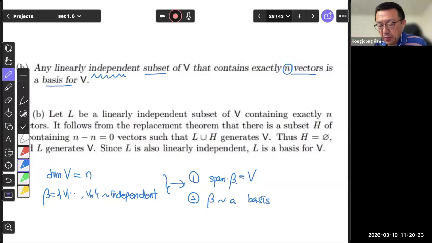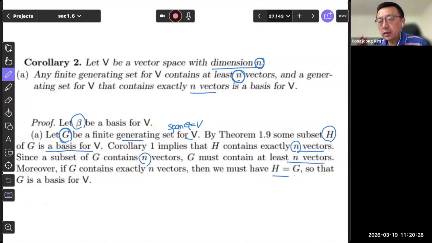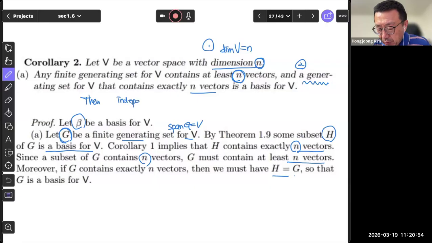Okay, so this is important. In A, what is known? I know that the dimension of this V space is n. In that case, if I know that this set generates the whole space, if you have these two facts, then I can derive two things. This set will be independent, first of all.